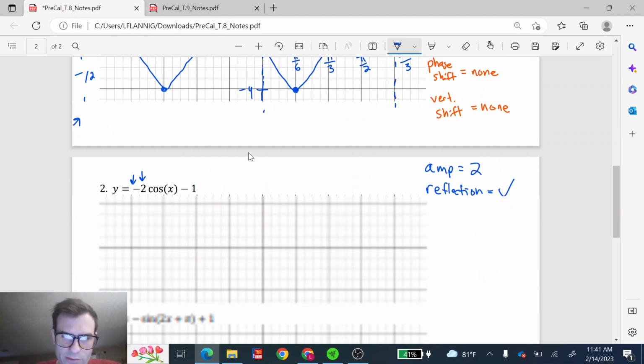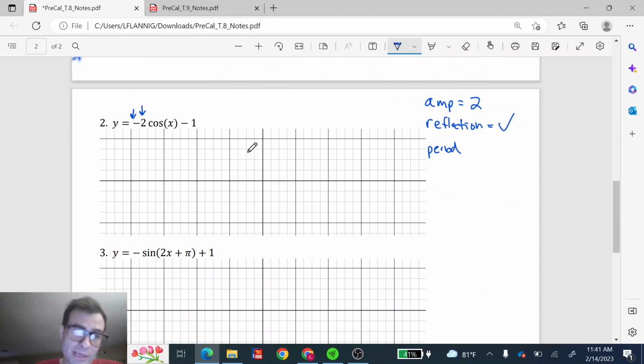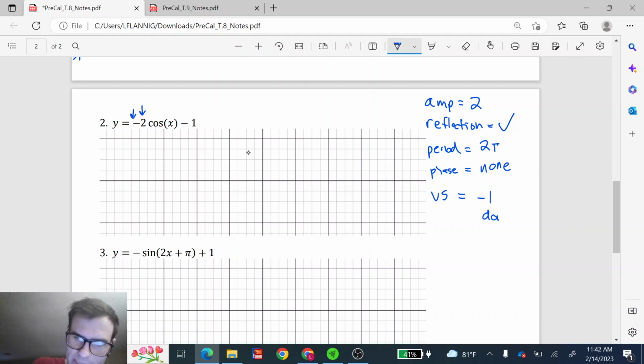The b is 1 in this case, so the period will be just 2 pi. The phase shift is nothing because there's nothing being added or subtracted inside of the parentheses, so none. There is a vertical shift, though, of -1, so we go down because that -1 pushes the graph down.